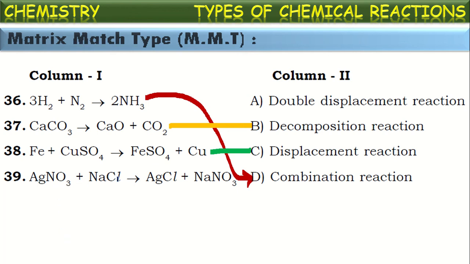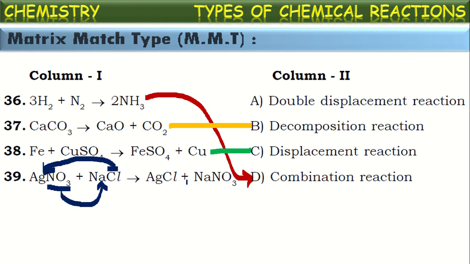silver nitrate plus sodium chloride gives silver chloride plus sodium nitrate. If you observe here, these compounds are exchanging their ions mutually, isn't it? This nitrate is coming and combining with sodium, and this chlorine is combining with silver to form silver chloride. So here, two compounds exchange their ions mutually to form two new compounds.